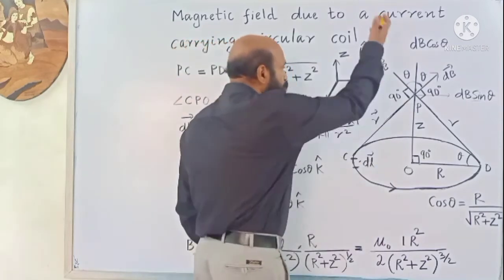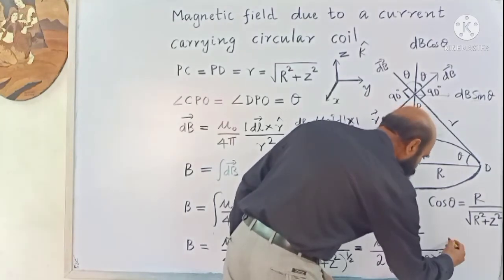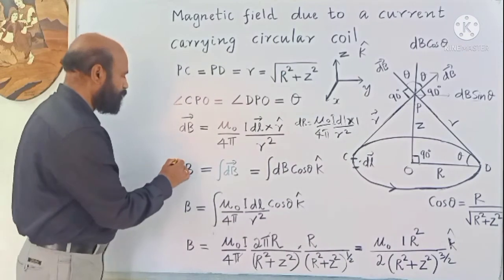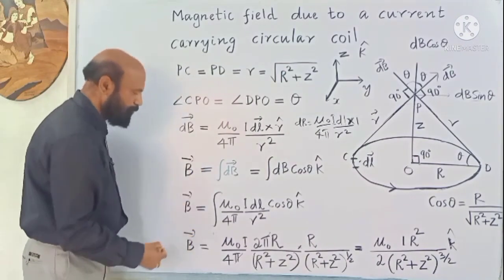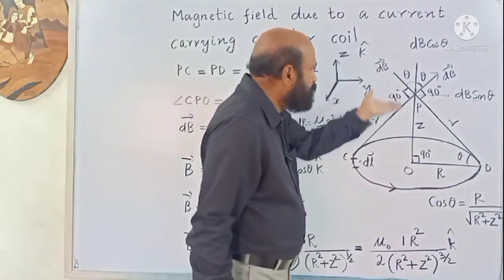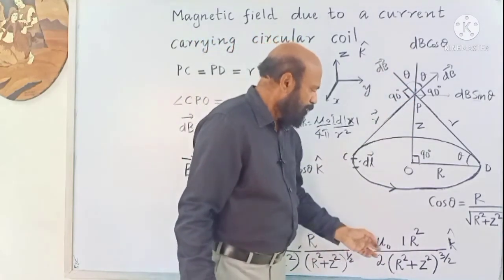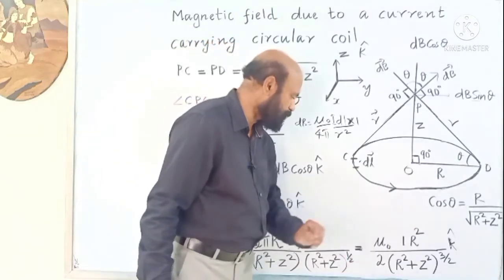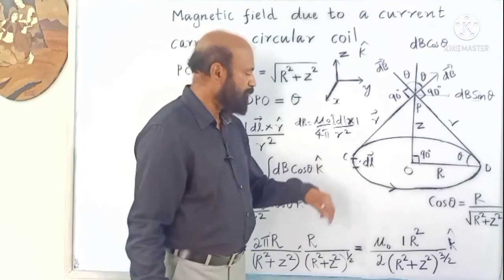Since it is along the z axis, we can write k cap. Magnetic field is a vector quantity, so the magnetic induction will be acting along the z axis. This is the magnetic field due to a single circular coil carrying current.